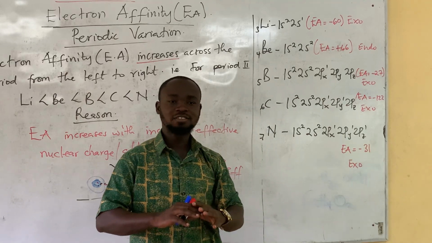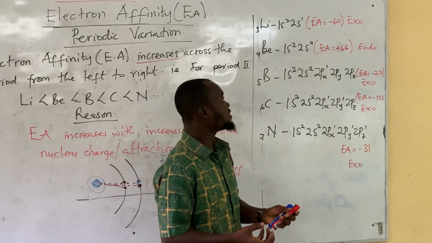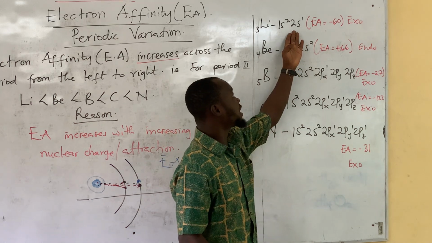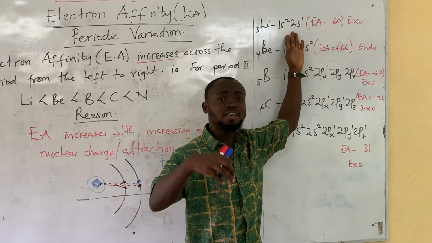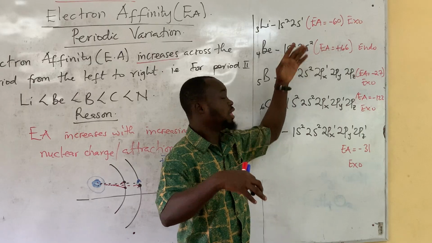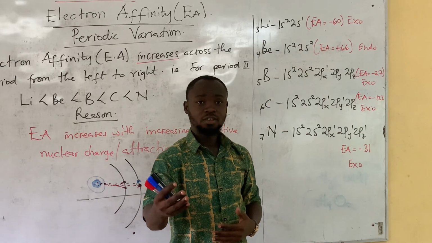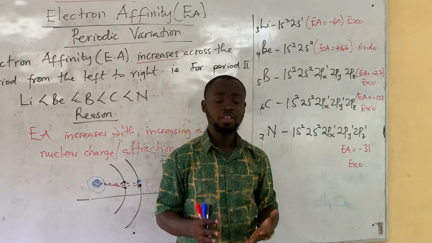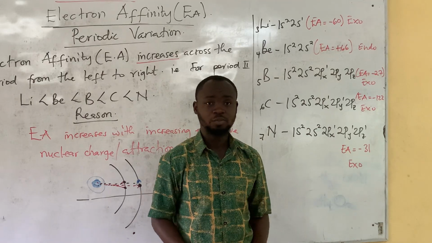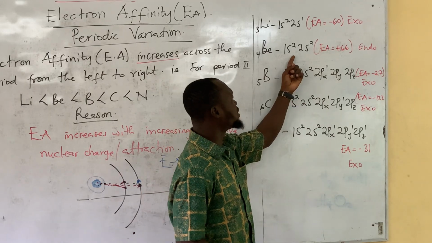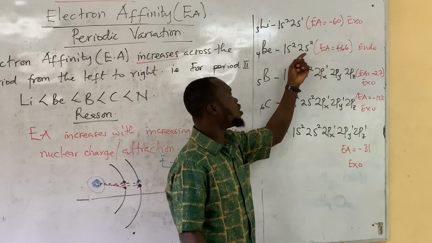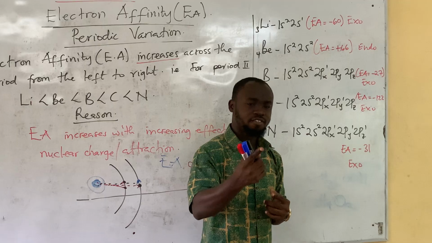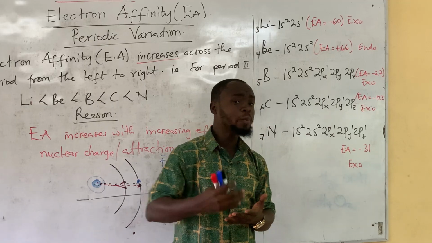In the simplest form, if the added electron will be accommodated in a vacant orbital, if there is a space in that orbital, energy will be released. Is that okay? It means that the electron repulsion there will be very low, such that energy will be released in the process. But if the electron is added to an already fully filled orbital, there's going to be an increase in electron repulsion.